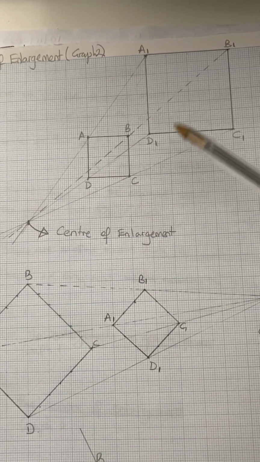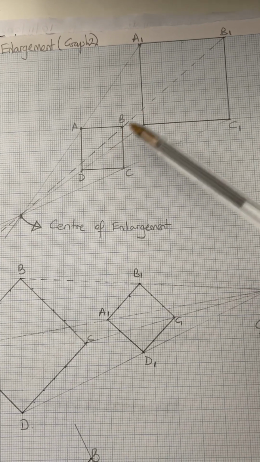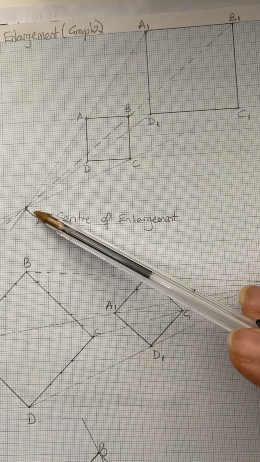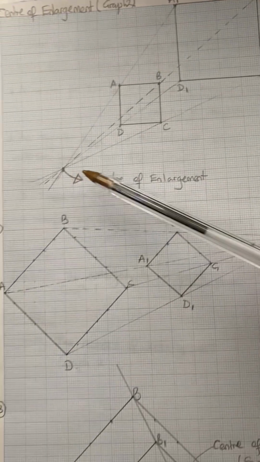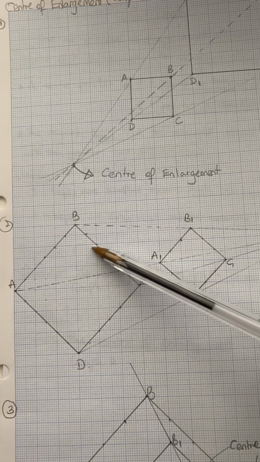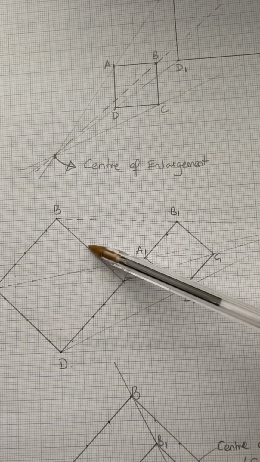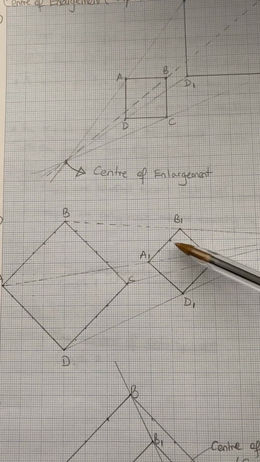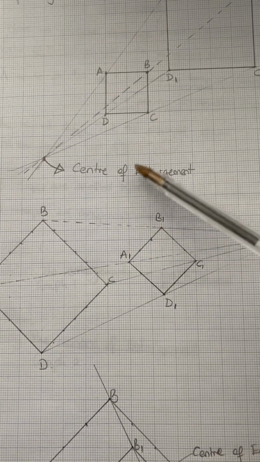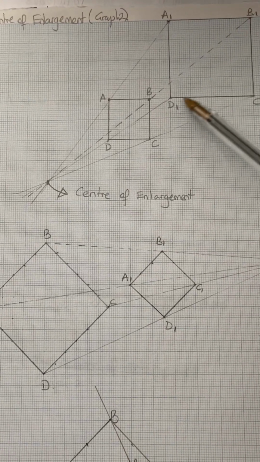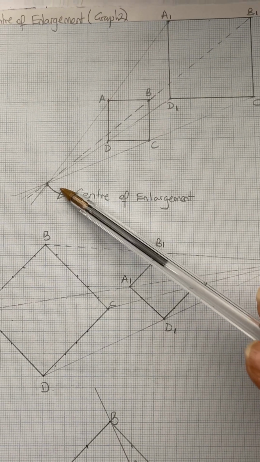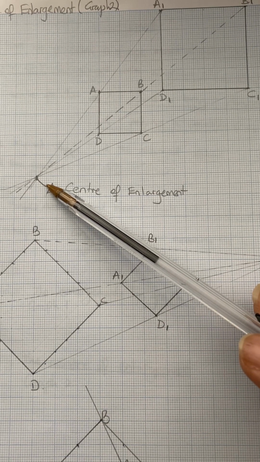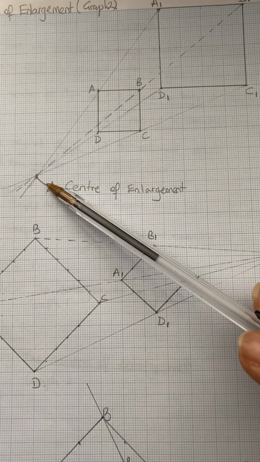So as you can see, because I've magnified it, the center of enlargement is there. On the other hand, I have this bigger shape and I've reduced it to this size. Okay, so now the first one, the center of enlargement is before the image.